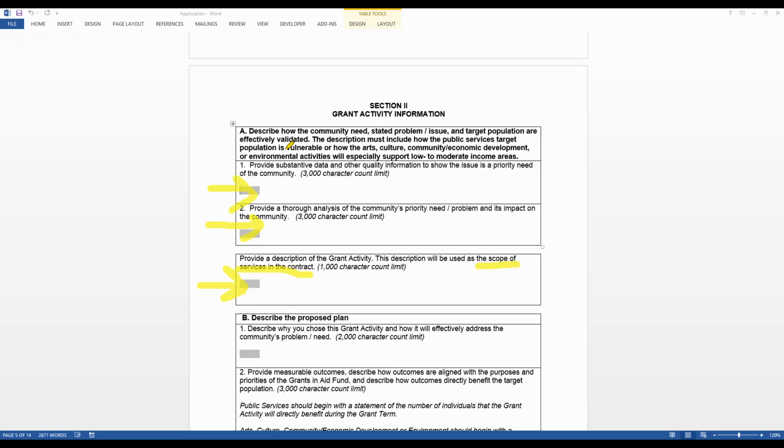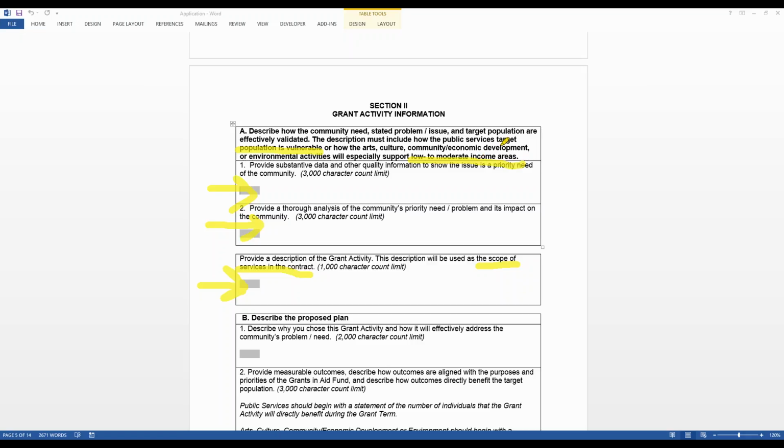If you're doing a public service category of activities, make sure you address how your population is vulnerable. I'm highlighting it here. If you're doing arts, culture, community economic development, or environment, make sure you address how your grant activities relate to these low to moderate income areas.